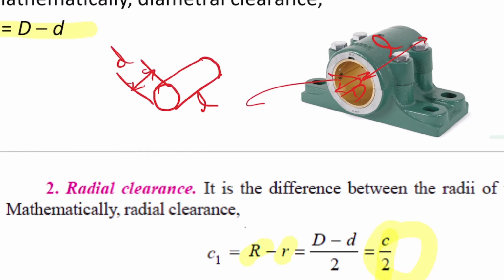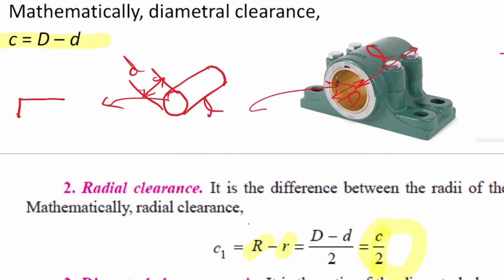Whenever we discuss L and D, we often find the area as well. So when you take L and D, remember you have to consider the cross section of this shaft. If you take the cross section, especially the longitudinal cross section, you can consider it like this. This will be the length and this will be D. So if you want to take the area, that will be LD.